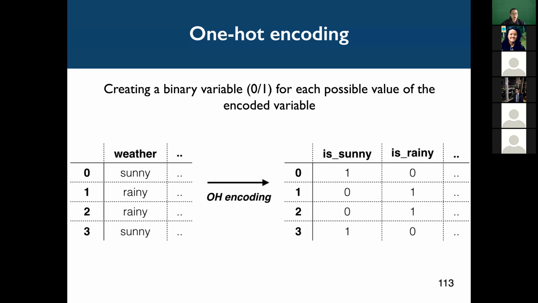If we apply one-hot encoding, we create one binary variable for each possible value. So we create one variable for sunny. Here we use is sunny or not, right? So if it's sunny, we put is sunny as 1. If it's not sunny, put is sunny as 0. Similarly, we create a binary variable for rainy, right? Is rainy here. This is one-hot encoding.